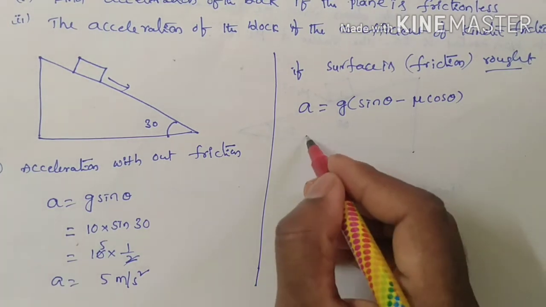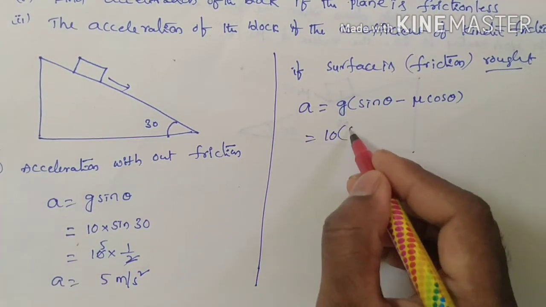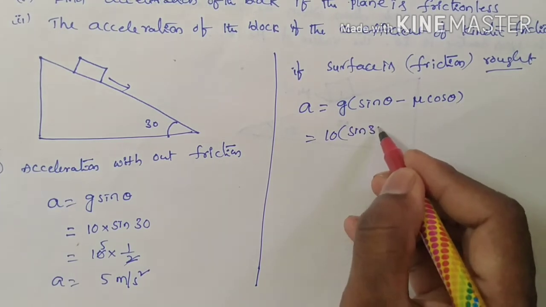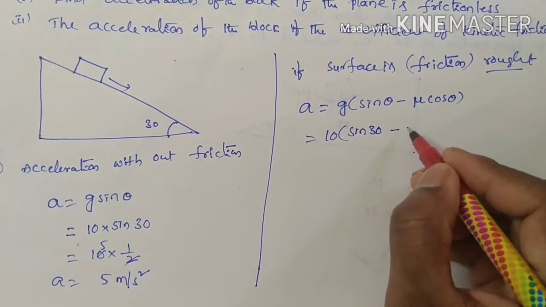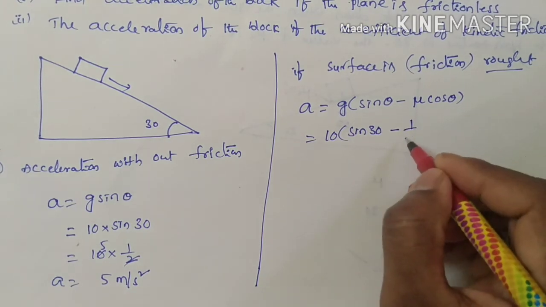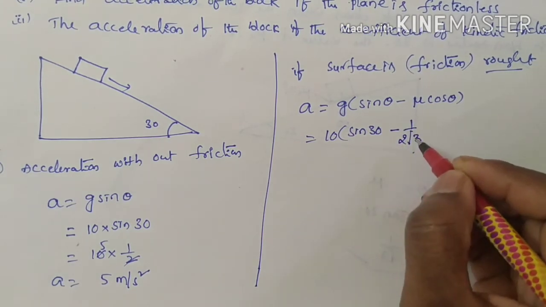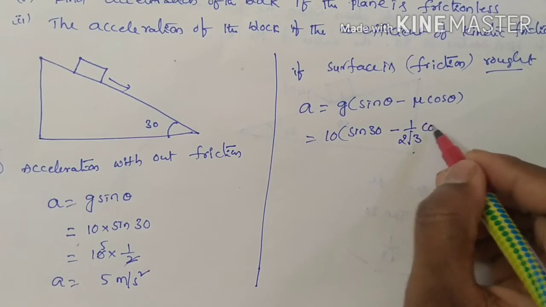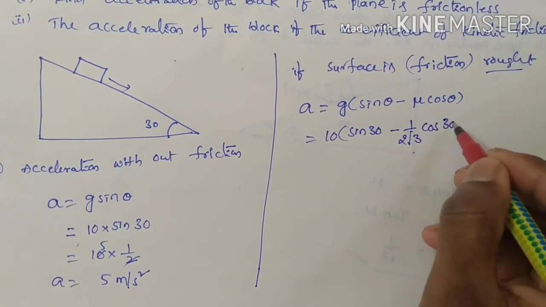Okay, now here what is the g value? g is 10. So sin 30 minus mu. What is mu? They have given kinetic friction 1 by 2 root 3, into cos 30.